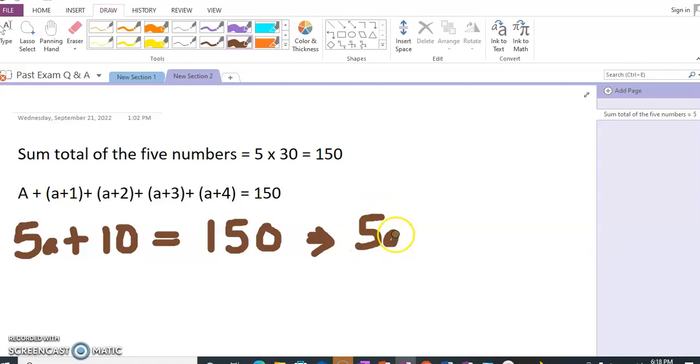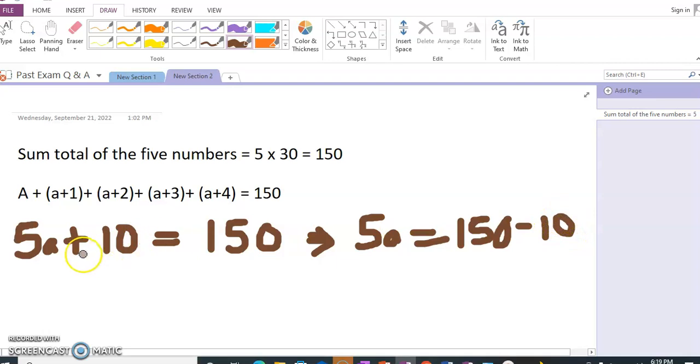The implication is that 5A will be equal to 150 minus 10, because we have taken 10 to the other side of the equality sign, so this 10 will bear minus. So 5A equals 140.